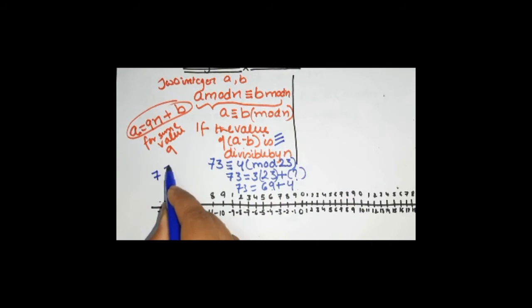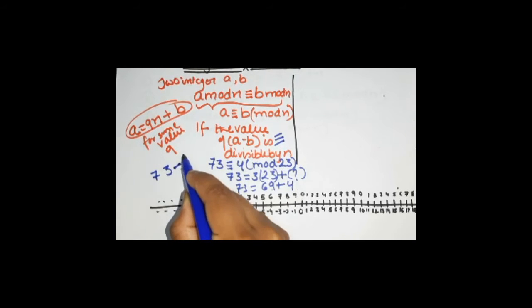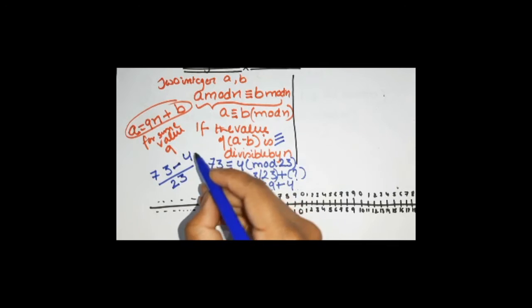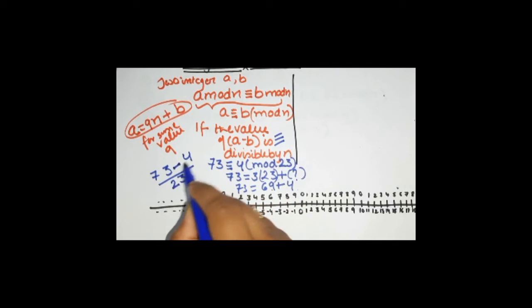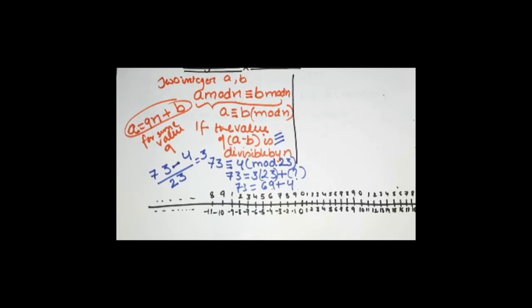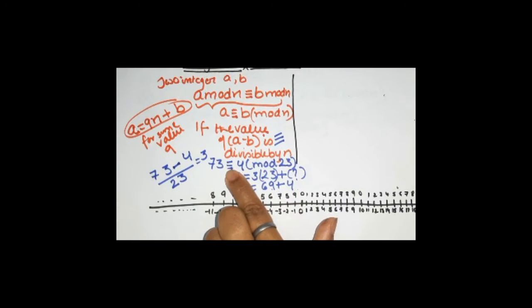So 73 minus 4 divided by 23. That is 69. 73 minus 4 is 69. 69 divided by 23 gives me 3. Therefore, it is divisible by n. Right? So, 73 and 4 are congruent. This condition is true. Here, when I mentioned 73 is congruent to 4 mod 23, my purpose was to find out whether 73 is congruent to 4 or not.